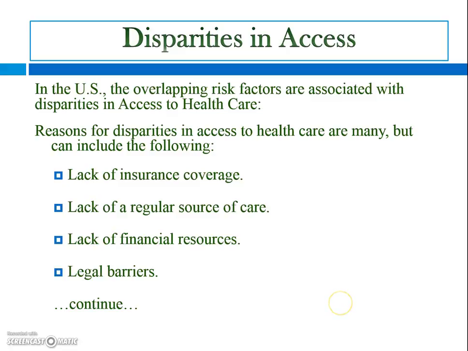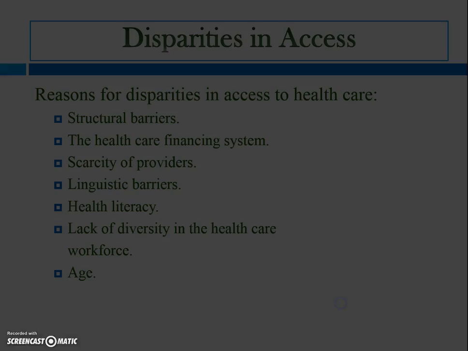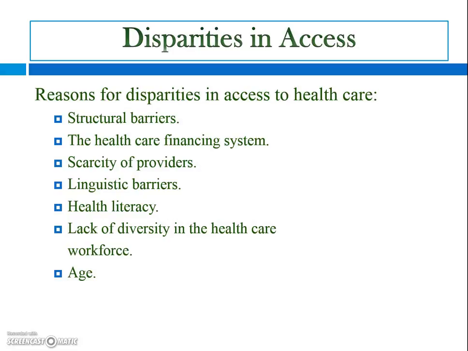Lack of financial resources. There are some legal barriers, structural barriers. Healthcare finance system tends to put barriers in place because they say you need to pay up front in an urgent care if you don't have insurance rather than being able to have payments. So if you can't afford to pay up front, then you need to go to the emergency department.